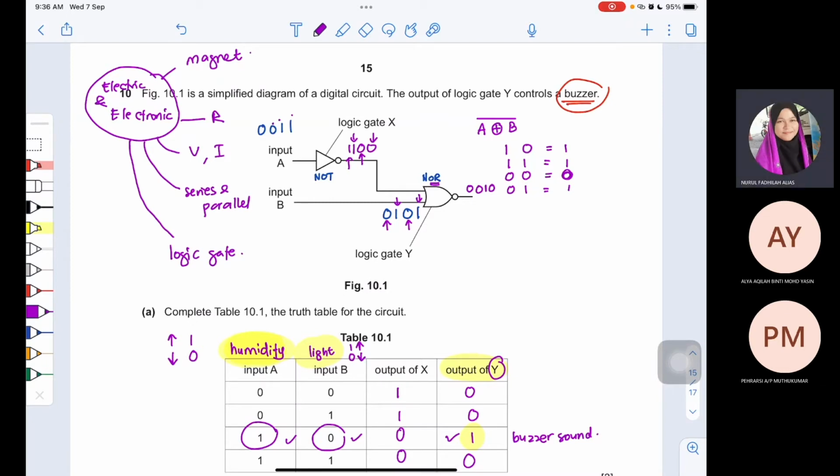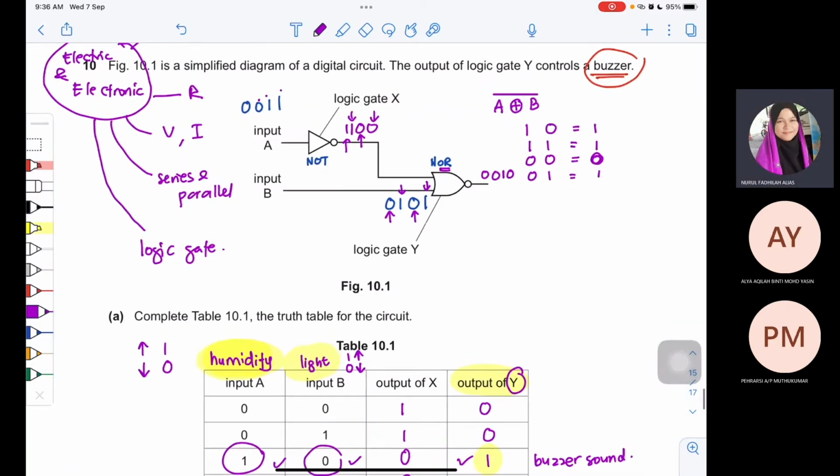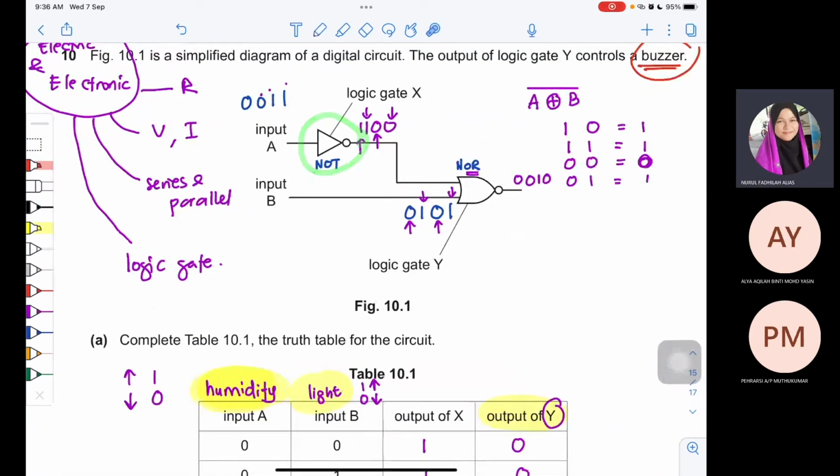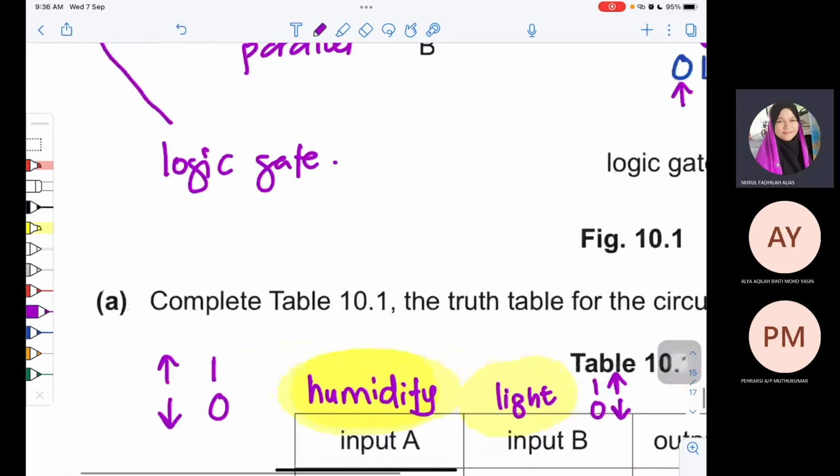Alright, so ni topik logic gate. So topik logic gates, you kena tahu apa? Kita ada not lagi. Kita ada and. Kita ada or. These are the three basic yang kena tahulah. And then kita ada not.